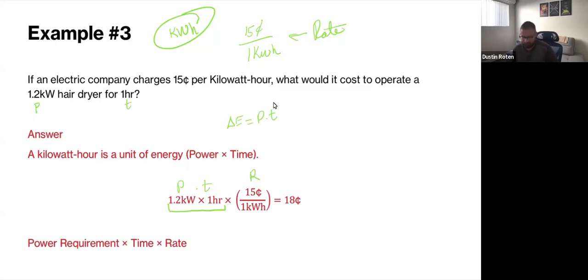So this is just delta E. We multiply by 15 cents per kilowatt hour, and we get that it takes about 18 cents to run a hairdryer for an hour. I'm checking. Yeah, that sounds right.